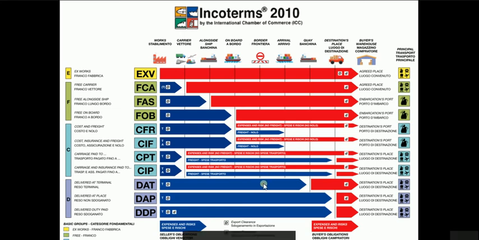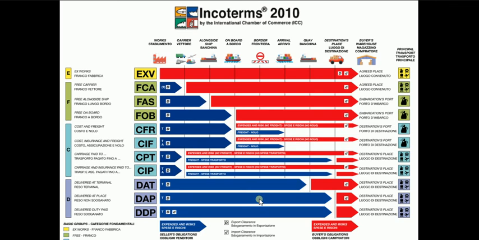The next term shows the DAT, that is delivery at the terminal. Here the product will be taken to the place of your buyer. The next one is delivery at place, that is you will pay till delivery to the buyer's warehouse, but you will not pay the duties that are applicable to your product in the importer's country.